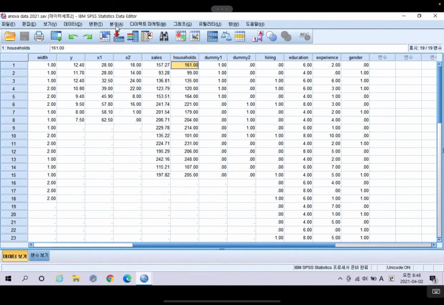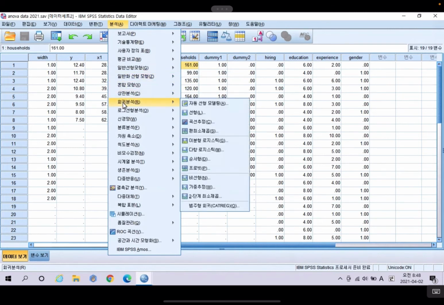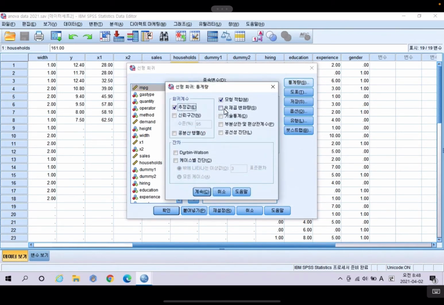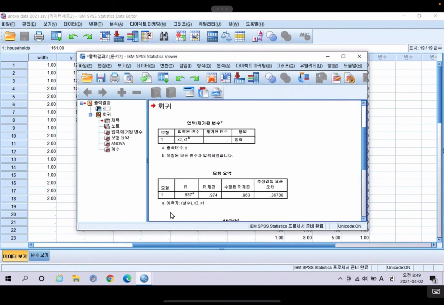So you go to the analysis and you go to the regression and you select linear, right? And you move variables to the right, right? And you can get all kinds of statistics here, right? But in our case, these are not necessary, right? So you continue and you get the output, right?